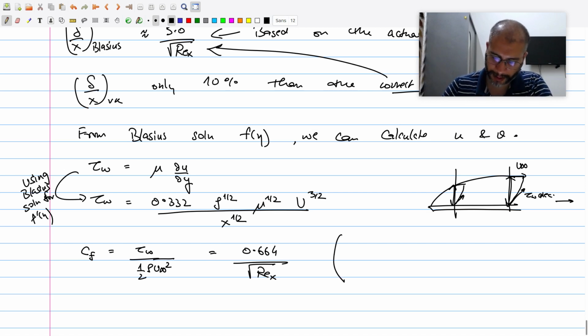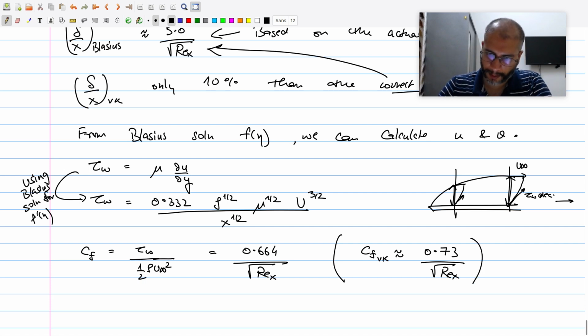If I compare that to what I got from the von Karman analysis, CF from von Karman was 0.73 upon square root Rex. So again, from the von Karman analysis our friction factor was slightly over predicted, but not too much, only 10% higher.